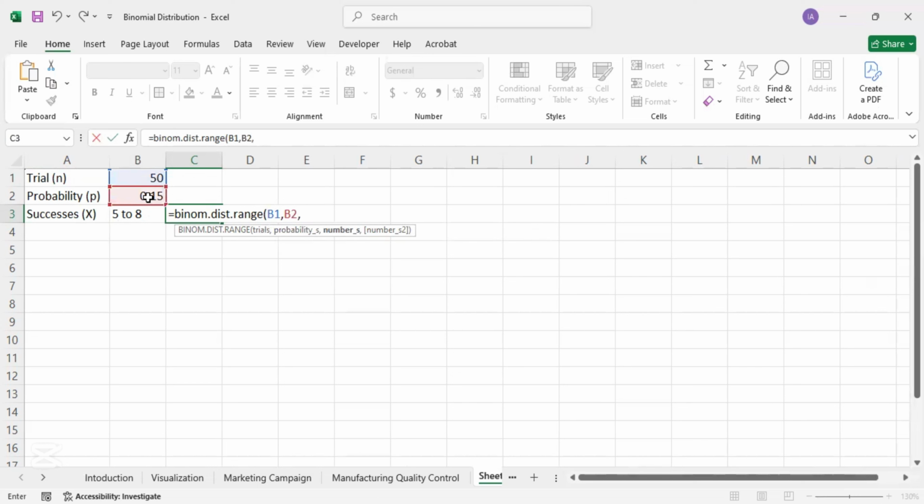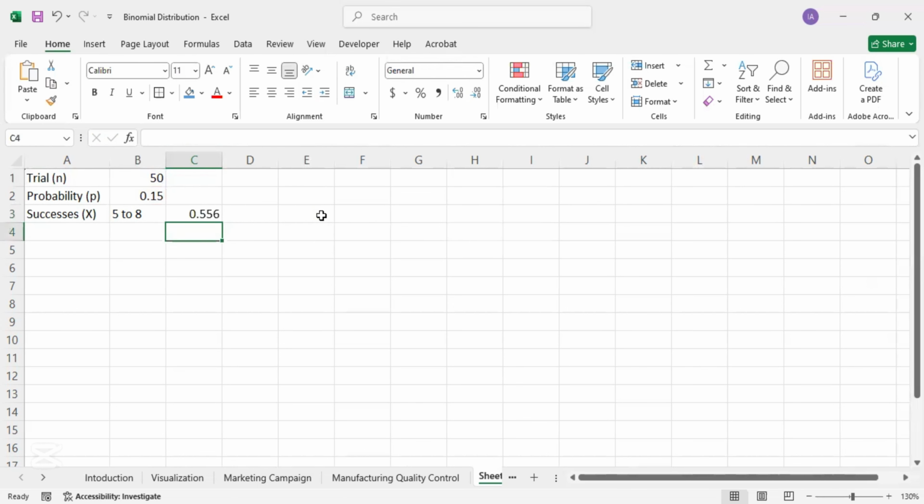Then you can see after that, we have the number of successes 1 and the number of successes 2, which in our case is 5 to 8, right? So the first number will be 5, comma, and the second number will be 8. Okay, we close our parentheses. So we are good to go this way. We hit enter now, and we can have our results. There is a 56% chance of 5 to 8 successes.